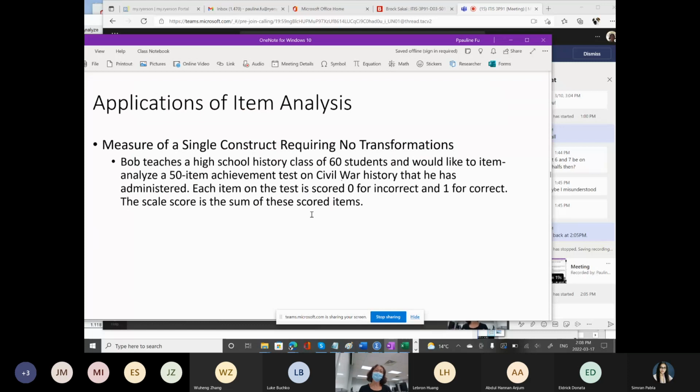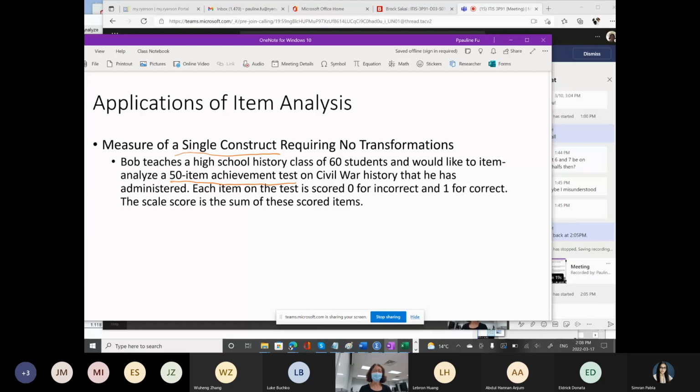The applications of item analysis. First application is to measure a single construct. So for example, Bob teaches a high school history class with 60 students and would like to item analyze 15 achievement test items.